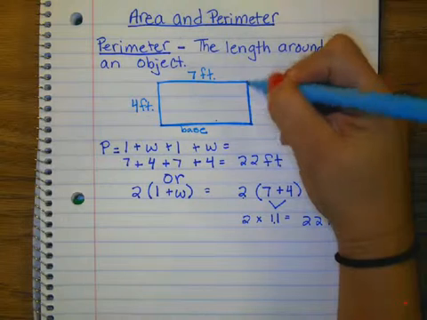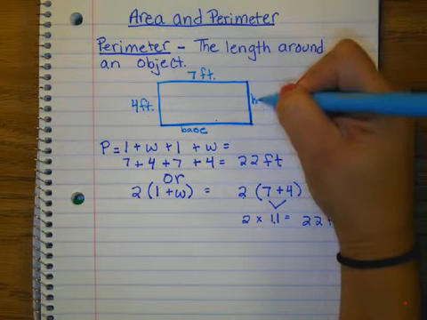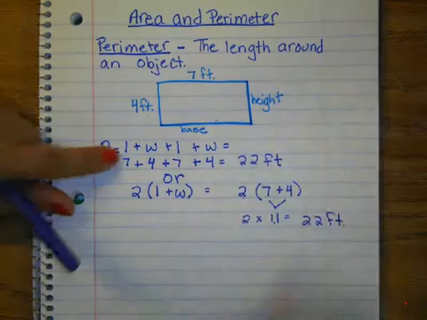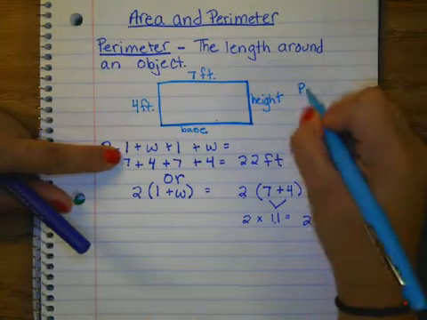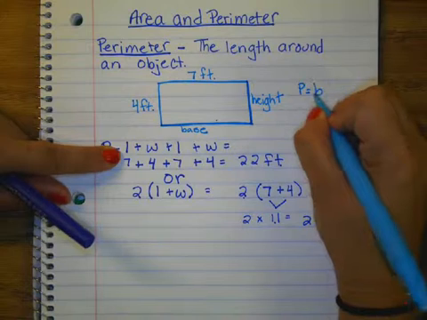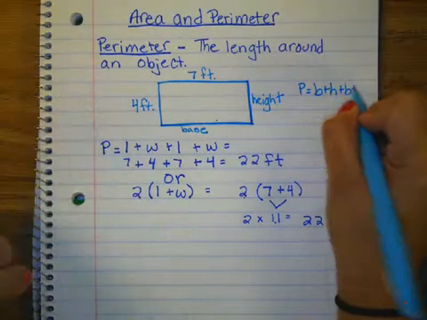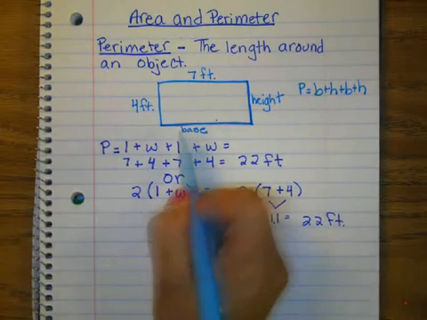So you might see perimeter equals B plus H plus B plus H. So instead of length and width, you might see base and height. So I just want you guys to be aware.